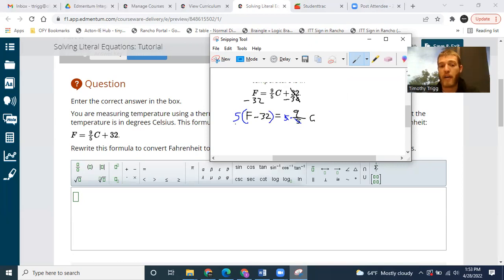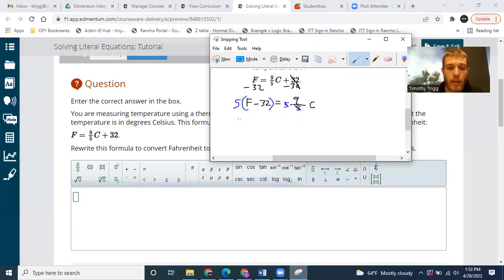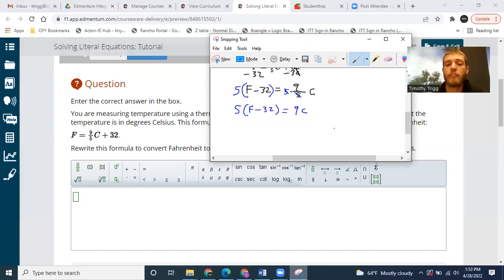That's because we need to multiply 5 by the entire thing here, okay? That gives us 5 times F minus 32. In this case, you can distribute the 5, but I think it's actually better if we don't. And then on the right side, we still have 9C.